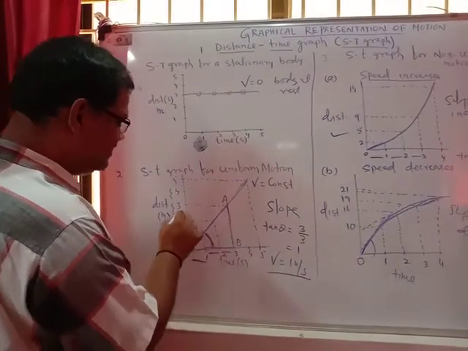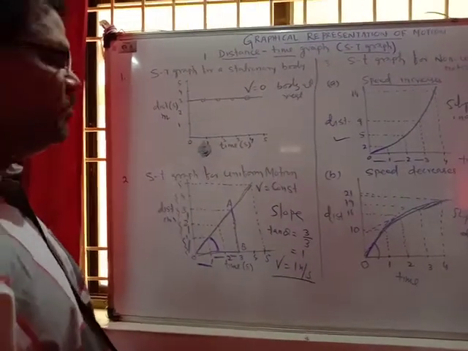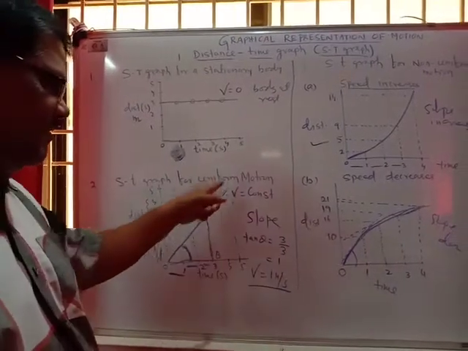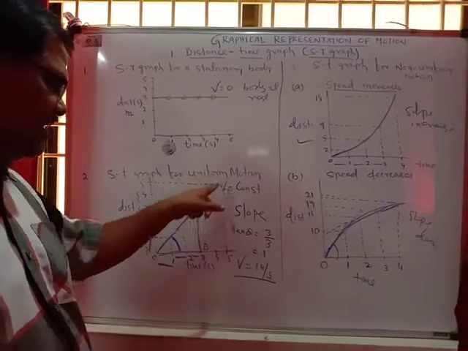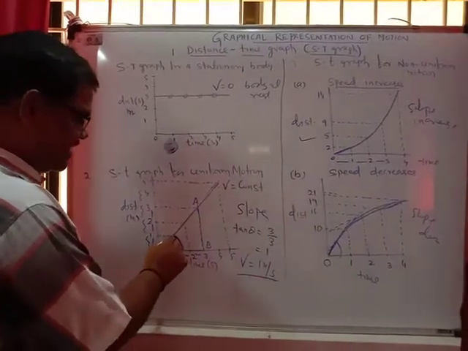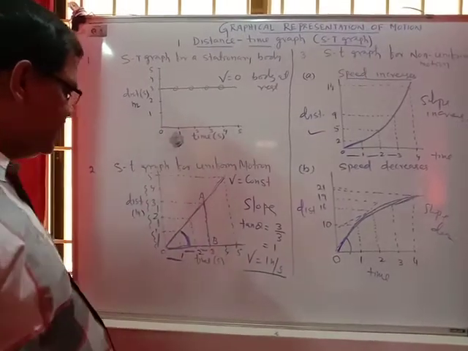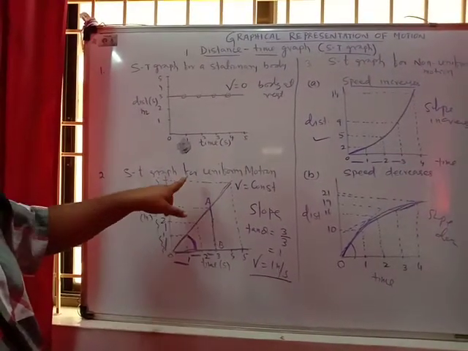Another interval of time, the distance gap is 1 meter. So in this case, the object moves in uniform motion and the graph becomes a straight line inclined to the x-axis. The graph becomes a straight line like that and it makes an angle with the time axis. So this indicates the object moves in uniform motion.